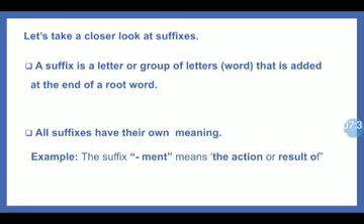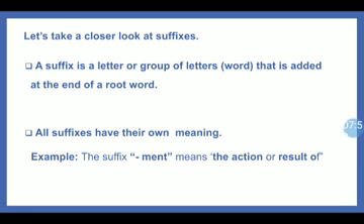So we know that the root word has a meaning, and the suffix also has a meaning. What this means is that when we combine both your suffix and your root word, you're going to be getting a totally different meaning for that new word.